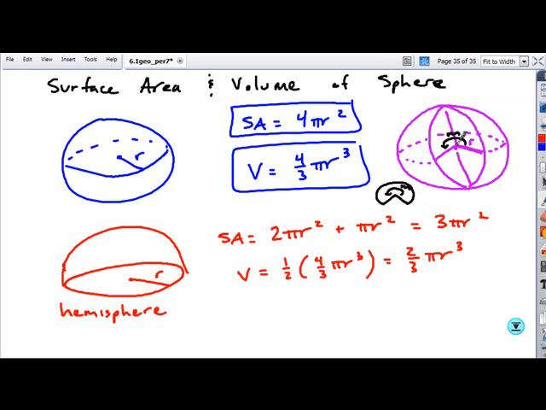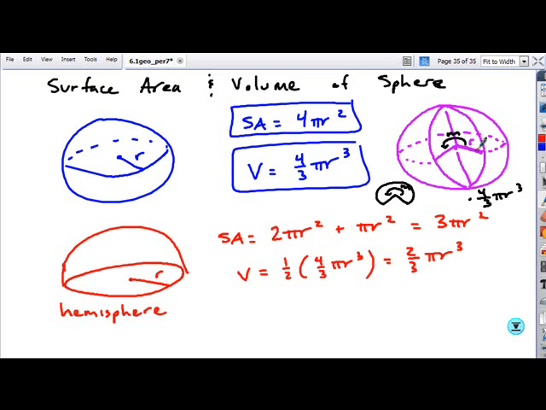So if that's the case, the way that you would identify the total volume of this is you take 4/3 pi r cubed, and you're going to multiply that by, what do you think you're going to multiply by to see what remains here?